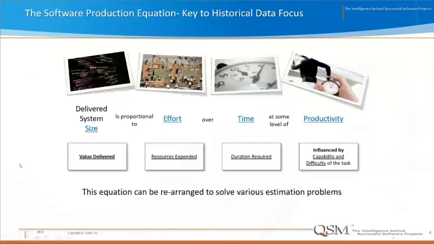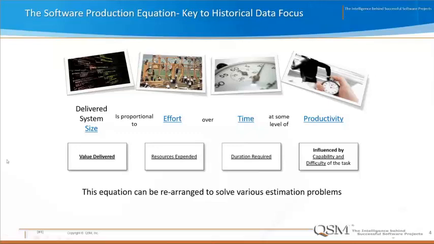Now, this is what we call the software production equation. It's also known as the Putnam model. So Larry Putnam Sr. started QSM back in the late 70s, and he initially developed these models. And of course, they've been updated and kept current with the latest technologies. It really is the cornerstone of the SLIM tools that you're going to be seeing today that I'm going to demonstrate for you.